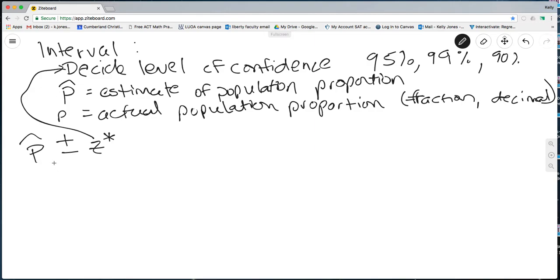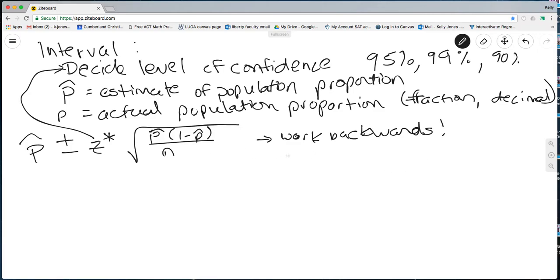And then we do the whole standard deviation thing, where we do p-hat times 1 minus p-hat, and we divide the whole thing by n. So this gives us two values, because we're going to do p-hat plus all that, and then p-hat minus all that. And remember, this is one where you work backwards.